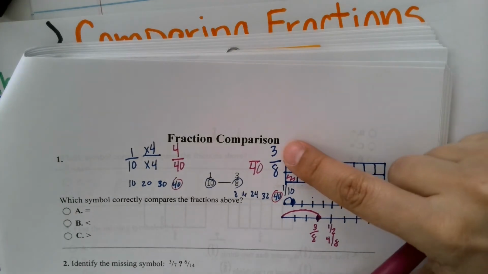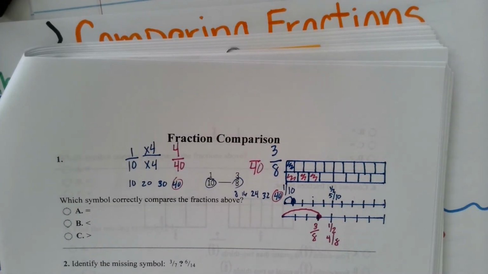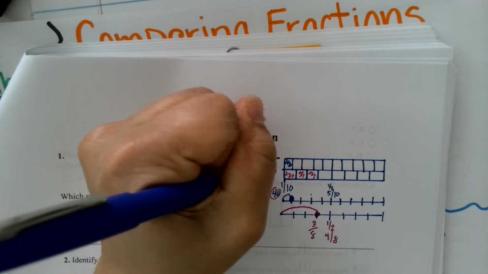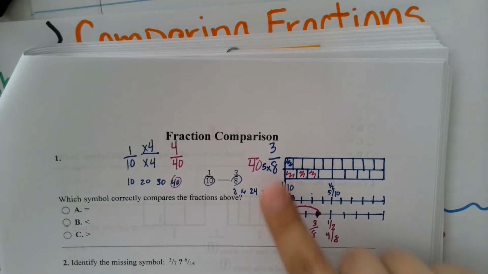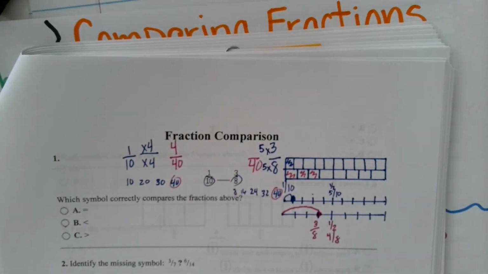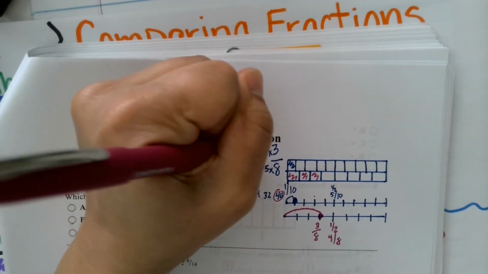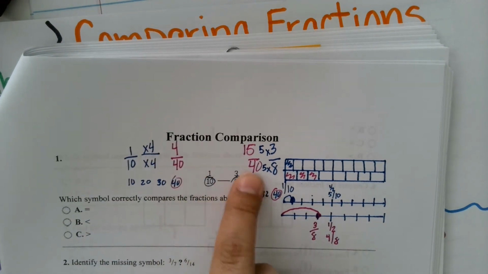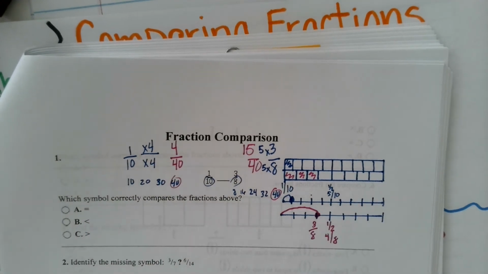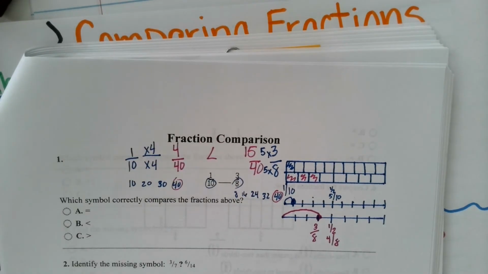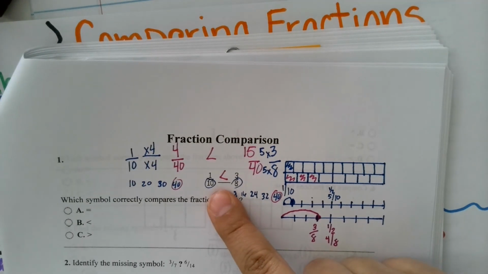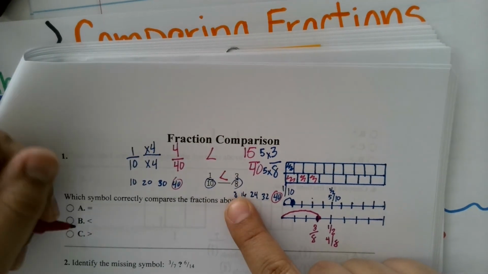I started with my fraction 3/8, and I have to ask myself, how did I get from 8 to 40? Multiplied by 5. If I do it to the bottom, I have to do it to the top. 3 times 5 is 15. So now that they're both in 40ths, I can easily see 15 is greater than 4. So when I go to answer this, I would say 1/10 is less than 3/8. That's the symbol I'm looking for.